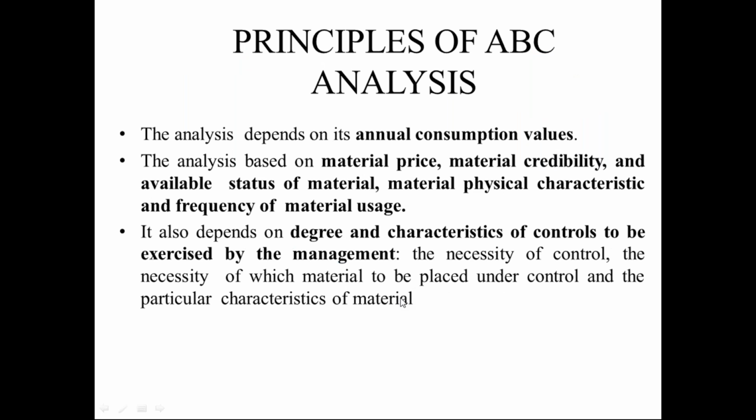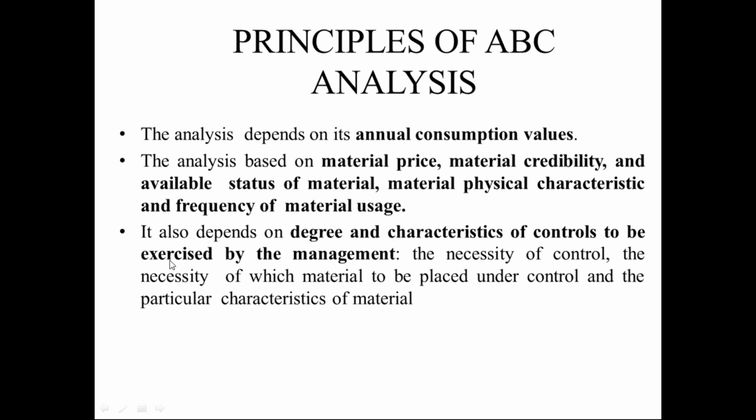The principles of the ABC analysis. These are the various principles. The first principle is that the analysis depends on its annual consumption values. The next principle is the analysis based on the material price, material credibility, available status of material, material physical characteristics, and frequency of material usage.